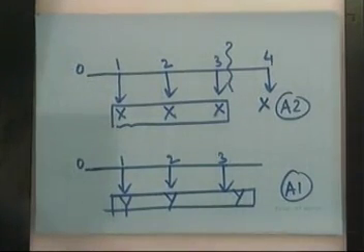Depending on whether x is greater than y or y is greater than x, you can choose the right alternative. This is on the assumption that we are not bothered what is happening beyond the study period. Is it clear? We are not bothered what is happening beyond the study period.